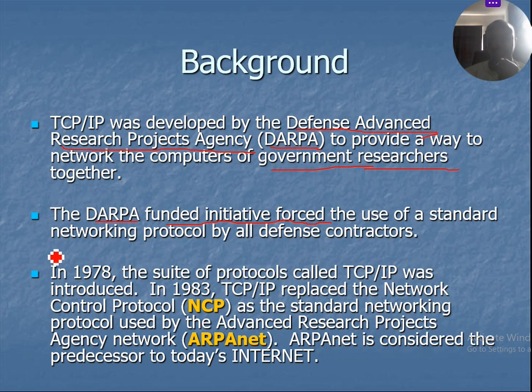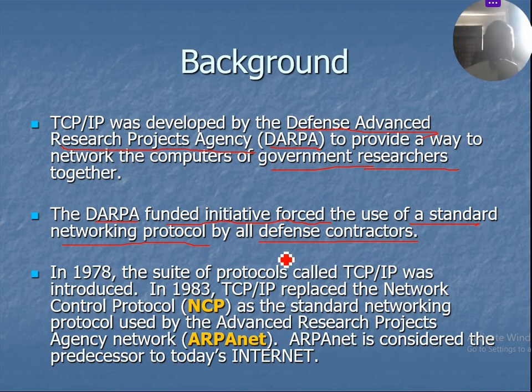Because it was government funded, it coerced all the defense contractors in the United States to use one standard networking protocol.